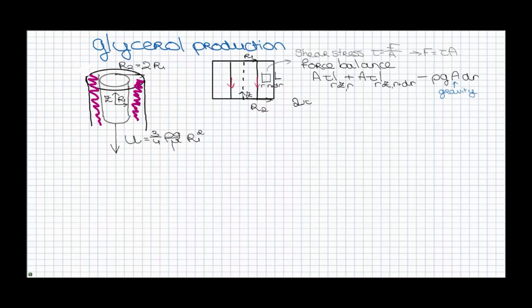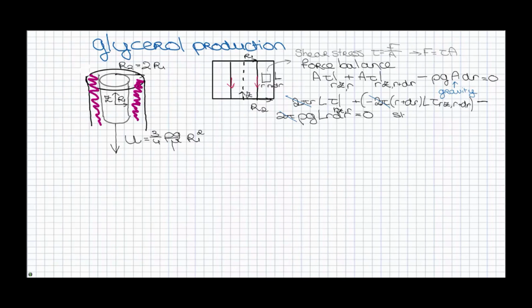And of course, the surface at this position is 2π times r plus dr. And the last term is due to the gravity force on the defined small part of the layer. So it is this. Finally, it is steady state, so the sum of all forces needs to be 0.